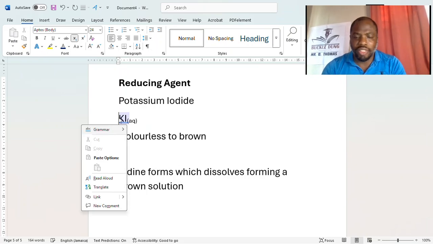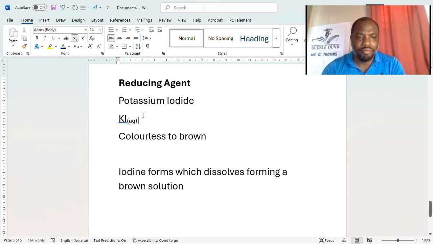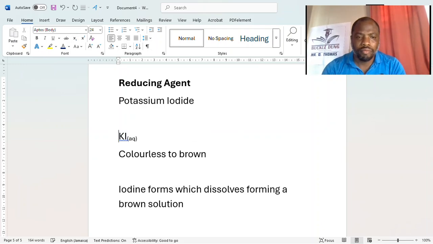And if we really check back what happened, you find that the potassium is a +1, and of course, the iodide is a -1.